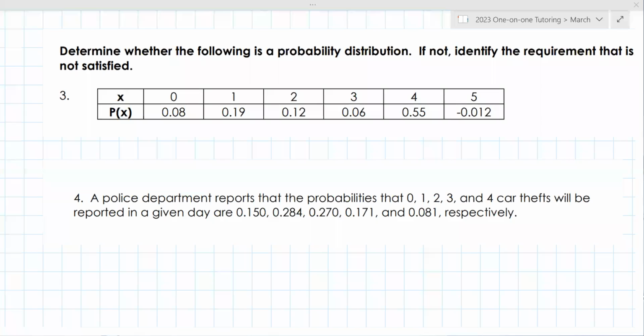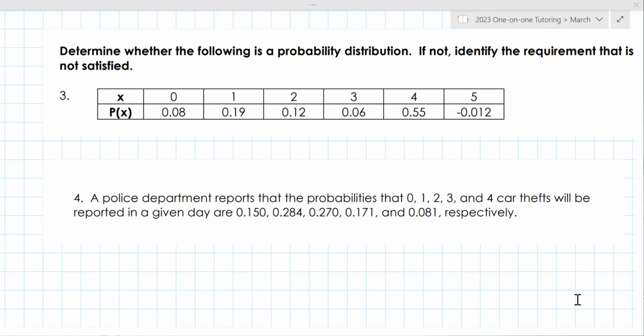So am I trying to find the missing? Nope. Just tell me if this is a distribution or not. No, because it doesn't equal 1 in the end. That's right. Very good.